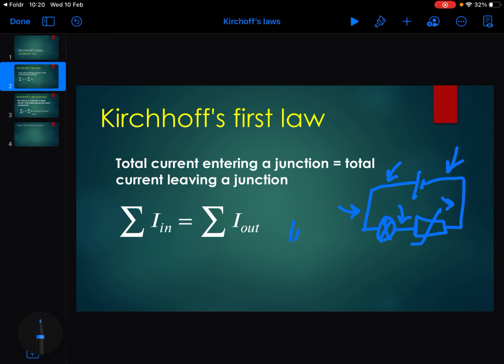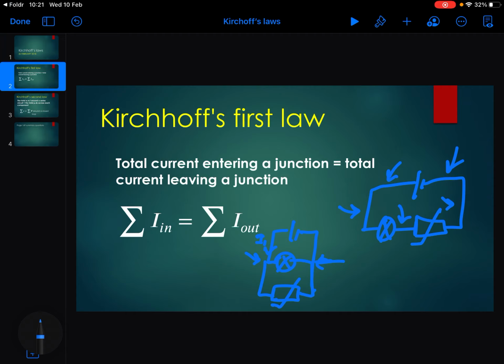However, in a parallel circuit, you've got a junction here and a junction there. Now here, and that is quite important, let's say this is I1, current 1 coming into the circuit.